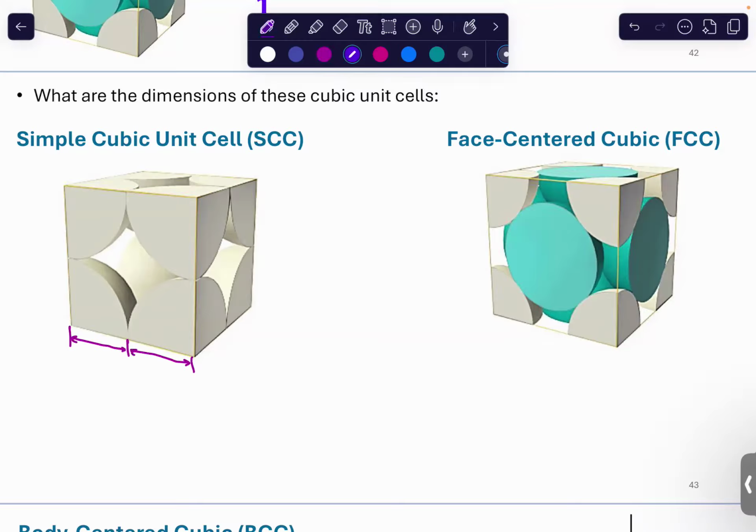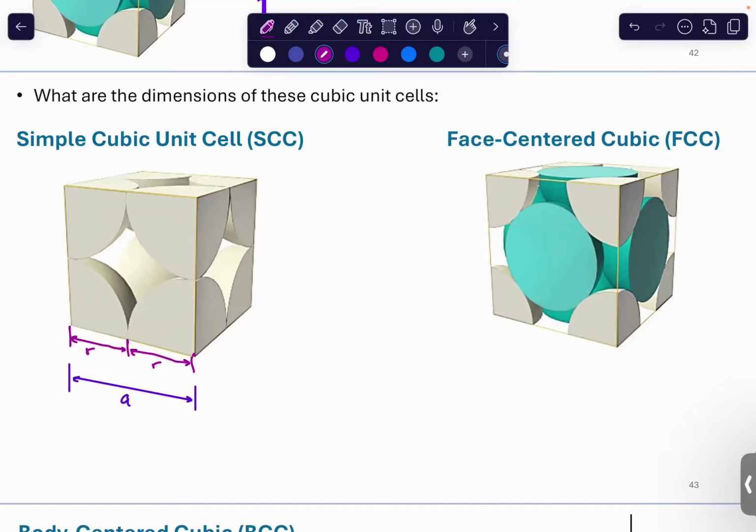And then I'm going to refer to the entire side of a unit cell as A. So that whole side is A. What do you think the length of the side of the simple cubic unit cell is? Those first lines I drew on there, what are those? So, radius. Each one of these is the radius of one of the atoms.